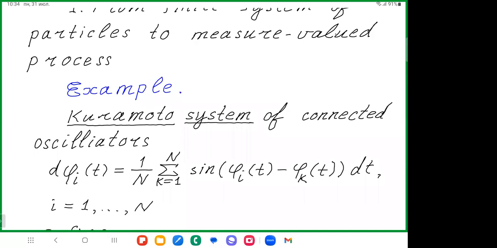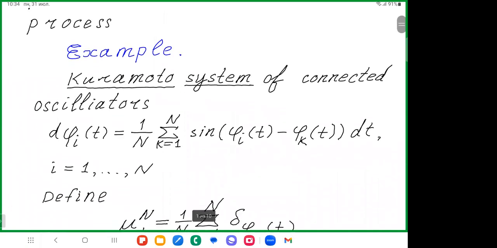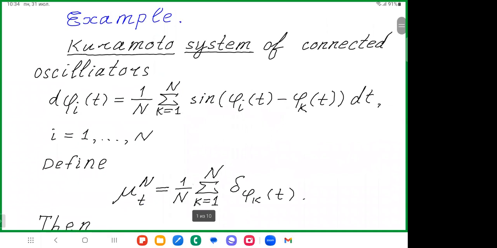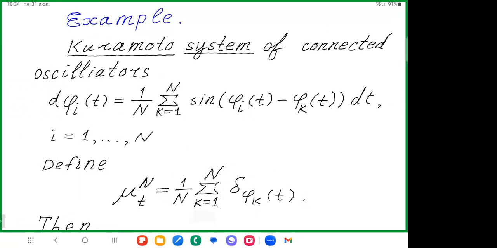First of all, let us define the following measure based on the solution. So let us define for any t greater or equal than 0 such a measure which is concentrated at the points phi k.